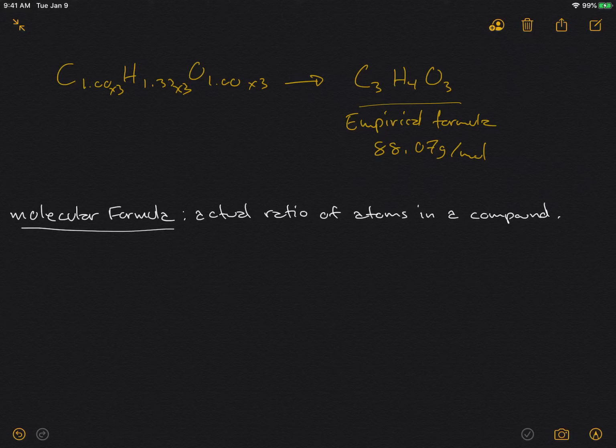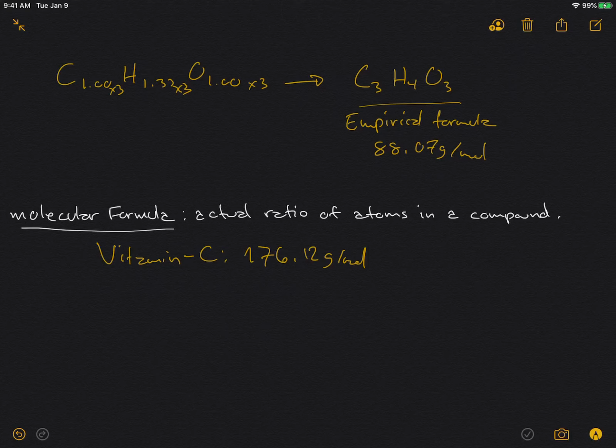And you would have to have the molar mass of vitamin C to solve this problem. And so that is usually given in the problem. So vitamin C has a molar mass of 176.12 grams per mole.